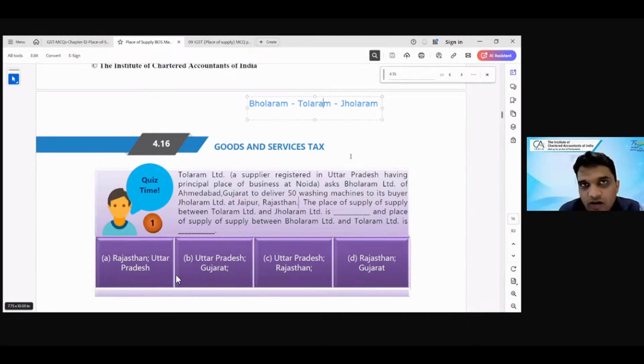A seller will not give instruction to the buyer. The first buyer will give instructions to the first seller. So Tolaram is the first buyer. He is giving instruction to the first seller to deliver it to its customer, who is in Rajasthan. So there are two supplies. In a bill to ship to transaction, there will always be two supplies.